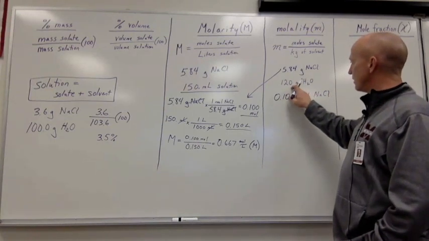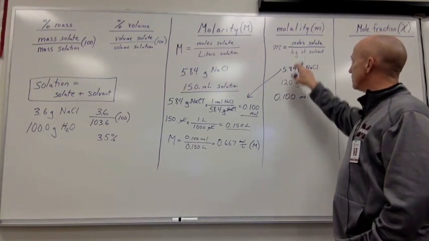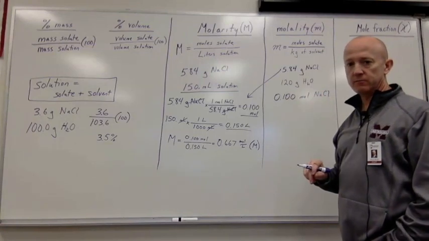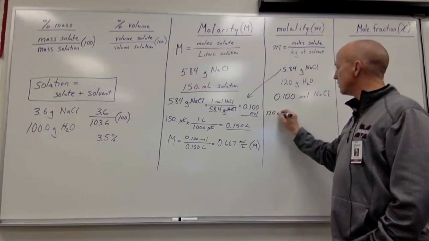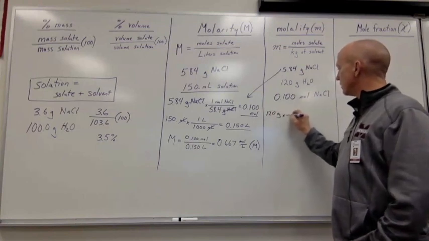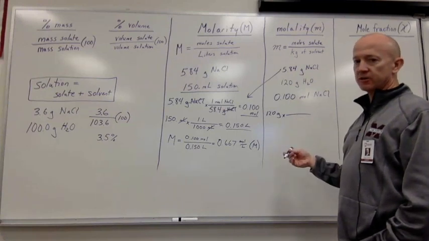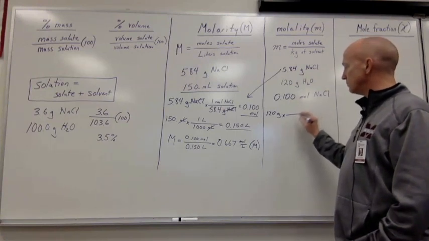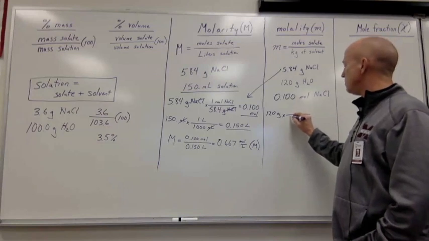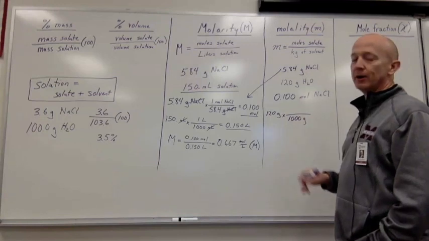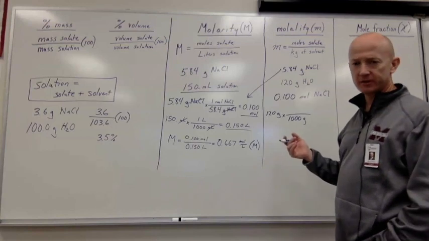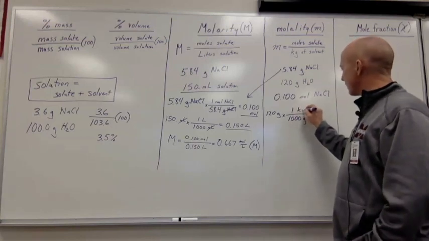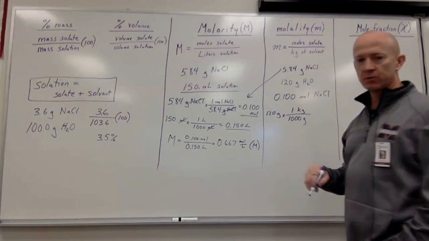So all that's left to do is to find the amount of kilograms of water we have. Now, 120 grams. And how many grams are in a kilogram? 1,000. So 1 kilogram is equal to 1,000 grams.